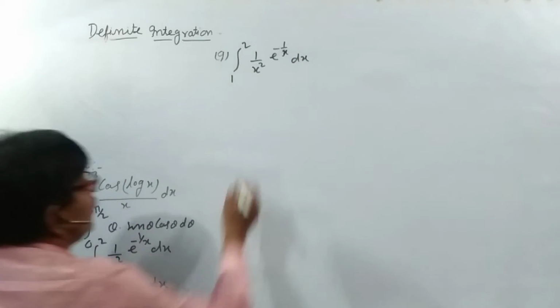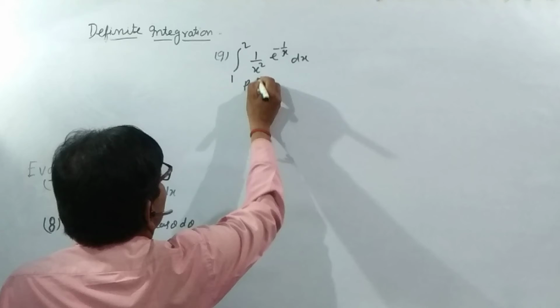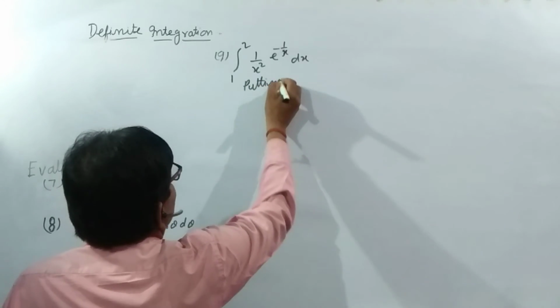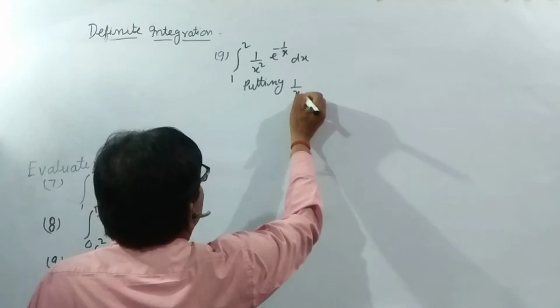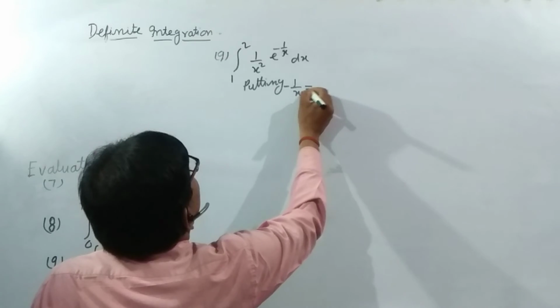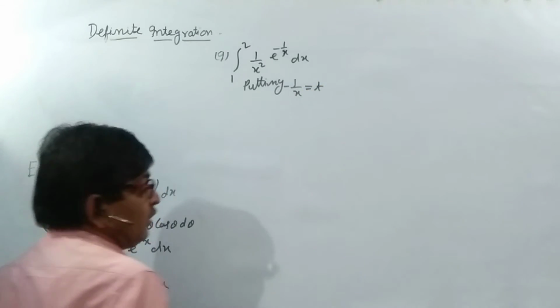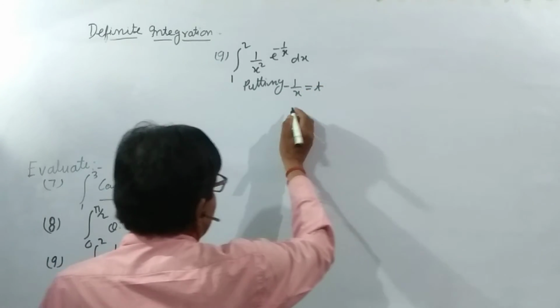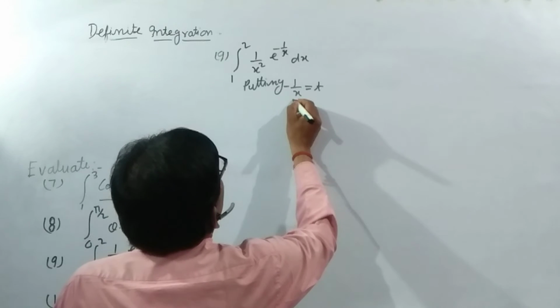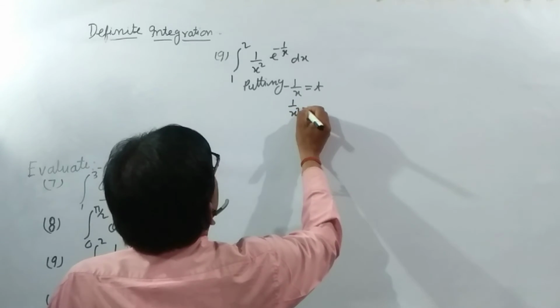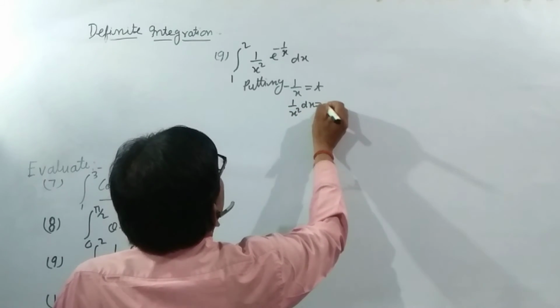Here, putting minus 1 by x equal to t, so that differentiating it, 1 by x square dx equal to dt.